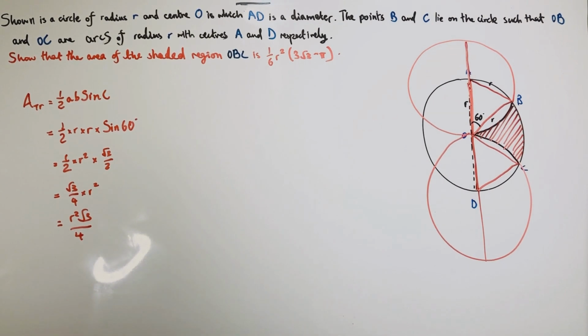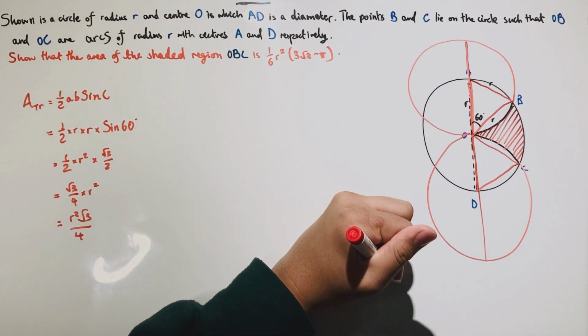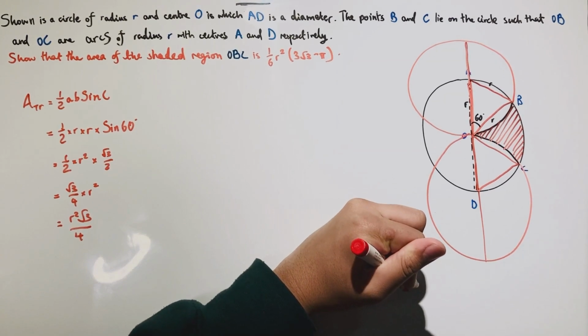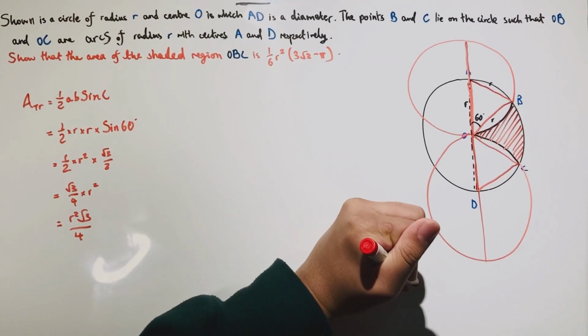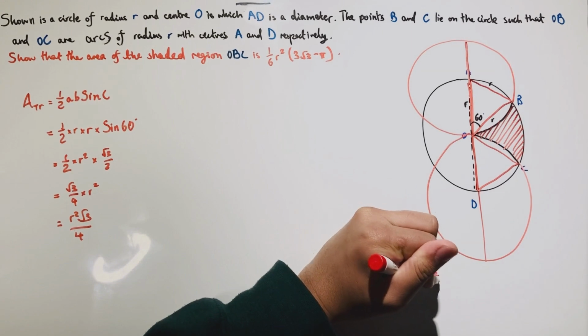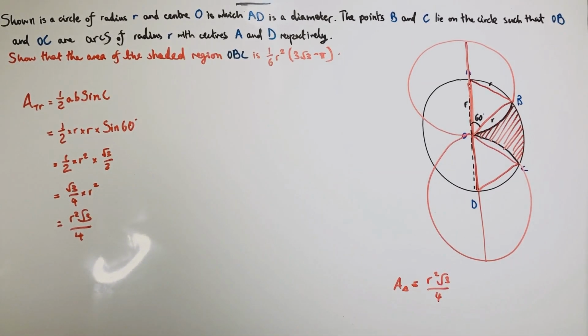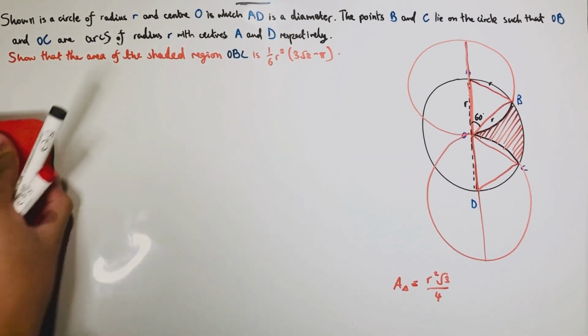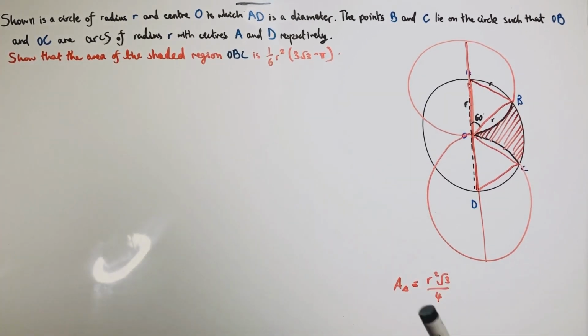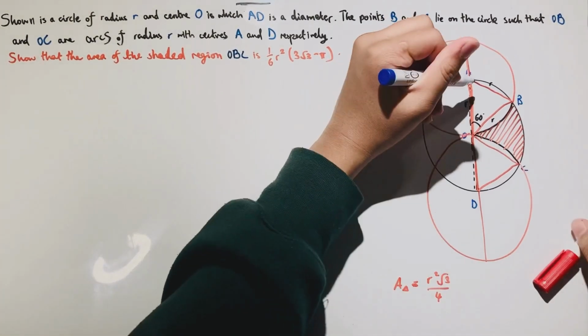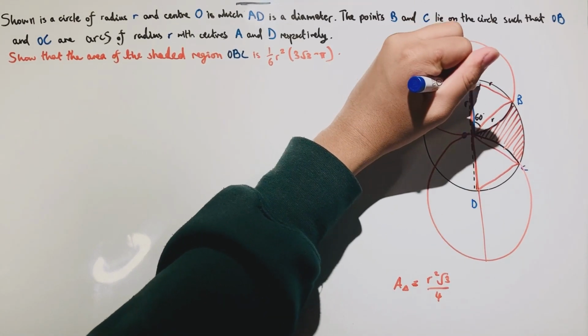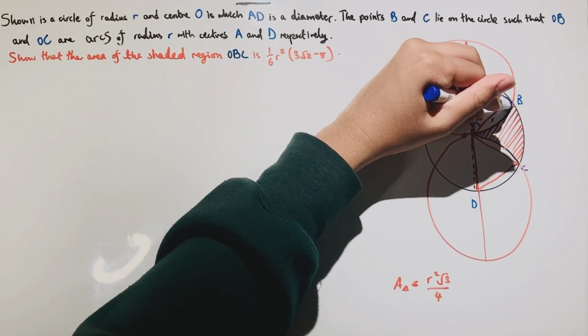Now that we've got the area of that triangle, I'm going to note it down, and we are going to work out the next bit. If you've got any guesses, write down below in the comments. We are going to be working out the area of the sector, which we'll do in blue. This sector right here.